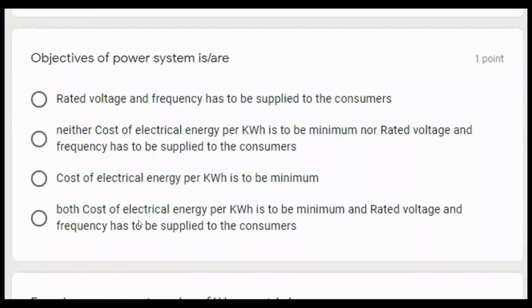Fourth, both cost of electrical energy per kilowatt hour is to be minimum and rated voltage and frequency has to be supplied to the consumers. Here the correct answer is the fourth option. Both are required, that is cost of energy per kilowatt hour must be minimum, and also the rated voltage and rated frequency must be given to the consumers.